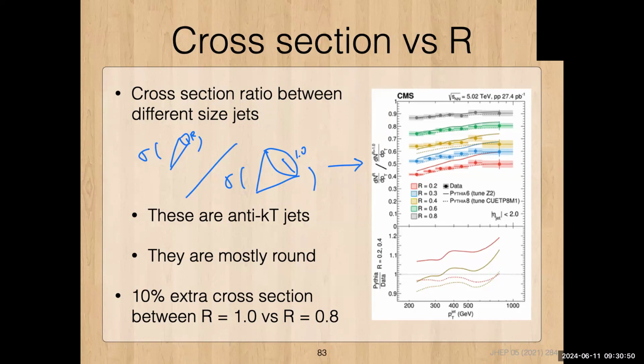And different colors are different radii. So what we see is that as we increase the radius size, we enclose more energy, and therefore we have a larger cross-section. And even for the largest one, the gray one, R 0.8, the cross-section is still like 90% of R 1.0. So things extend quite a bit. Even though most of the energy is concentrated, the tail extends quite far.